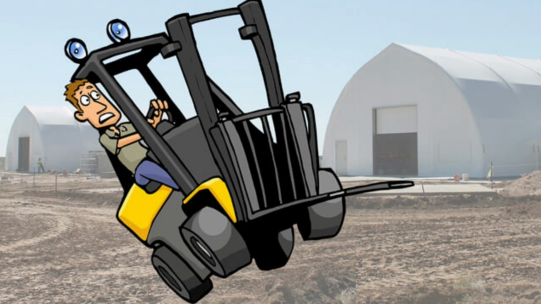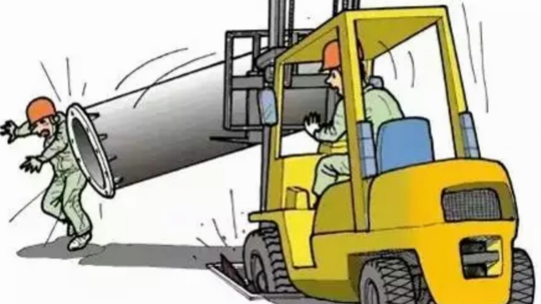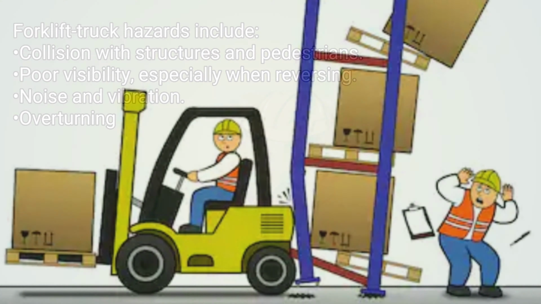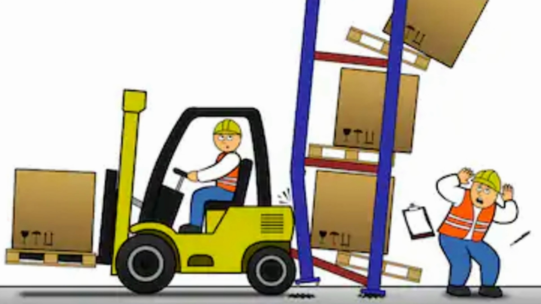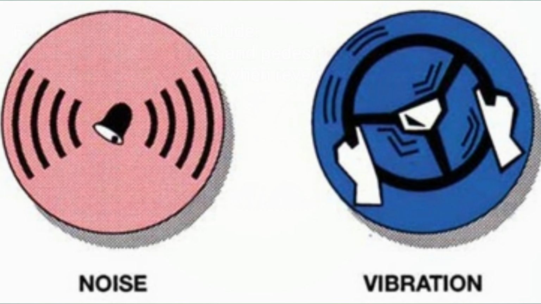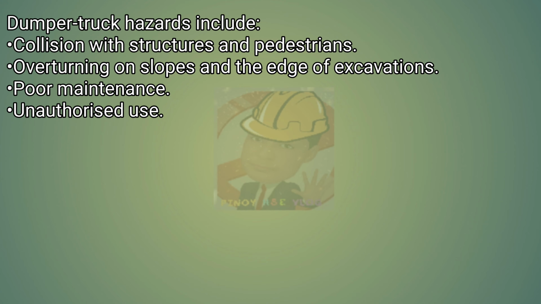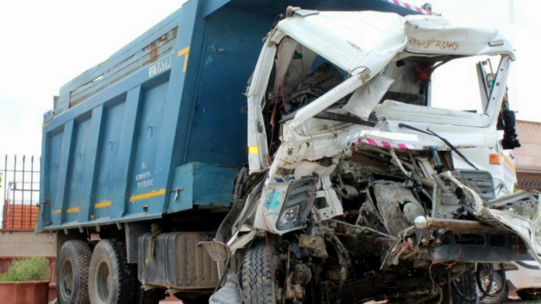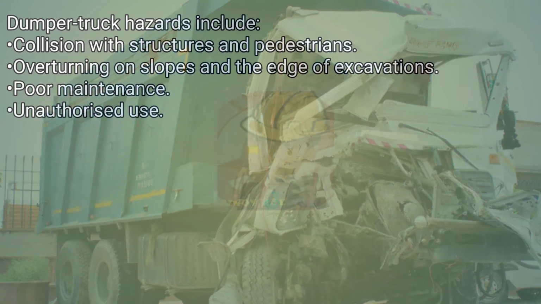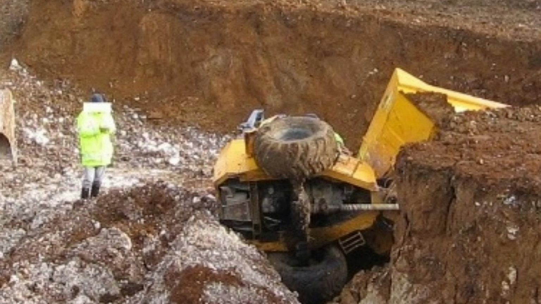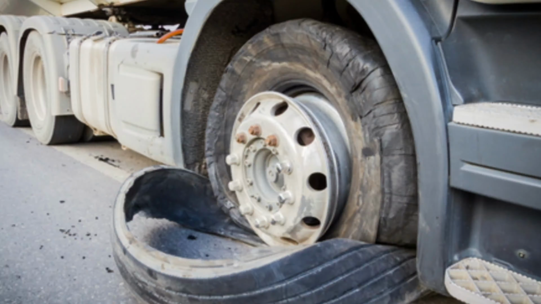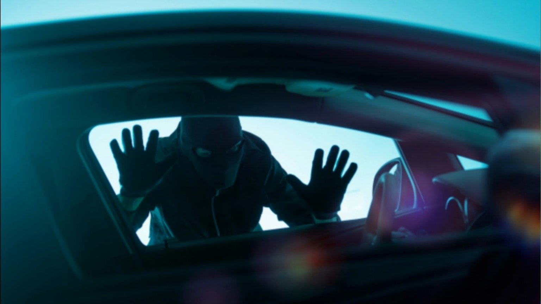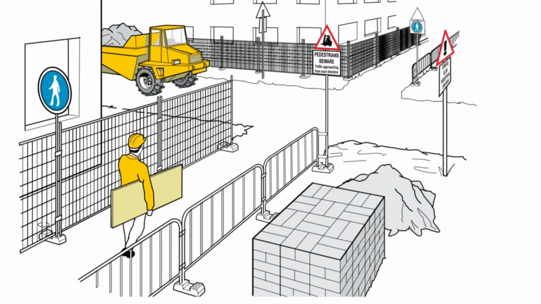Forklift truck hazards include collision with structures and pedestrians, poor visibility, especially when reversing, noise and vibration, overturning. Dumper truck hazards include collision with structures and pedestrians, overturning on slopes and the edge of excavations. Poor maintenance, unauthorized use.